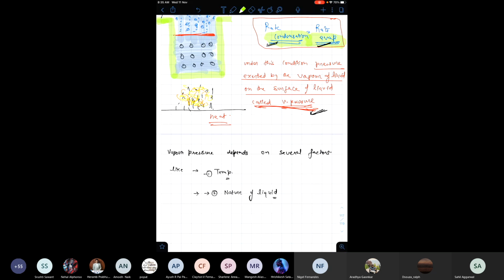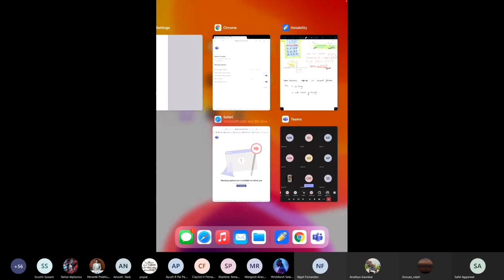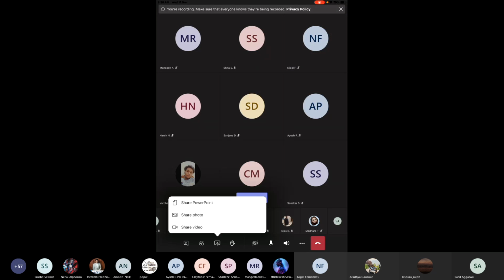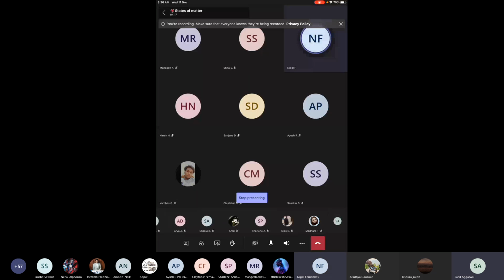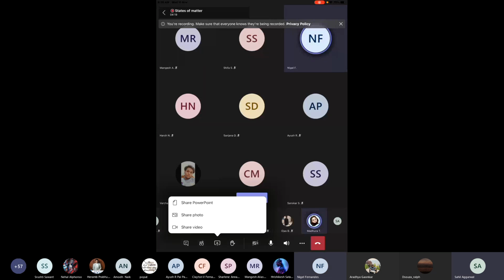Excuse me, sir. Yes. Sir, could you invert the screen? Again, what? So it's not visible. Screen is not visible, it's a bit blurred. Could you fix it a bit?